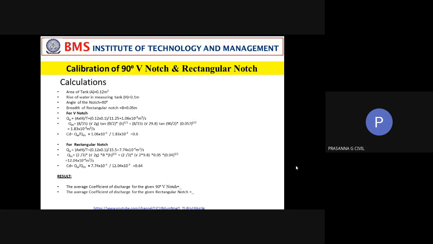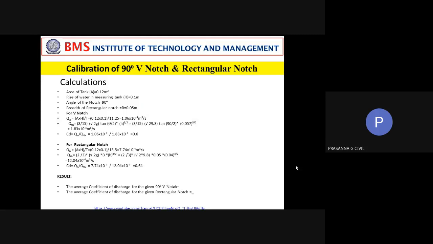CD worked out as 0.6. For the rectangular notch, substituting the values as obtained in the experiment process, the value of CD was obtained as 0.64.